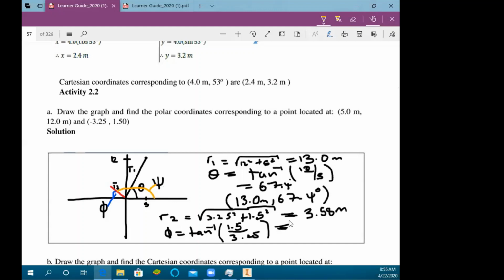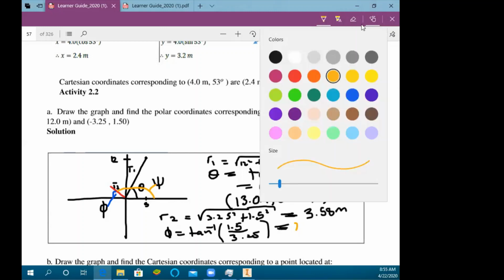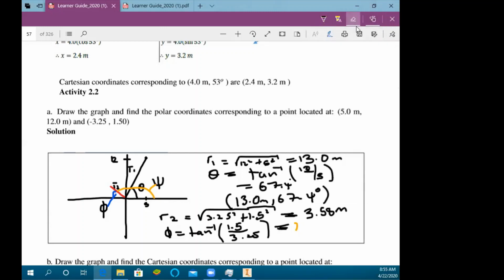It's 24.8, right? 24.8 is fine, it is this angle, but we need an angle measured from the x-axis. In this case, we subtract this angle from 180 to get this angle.